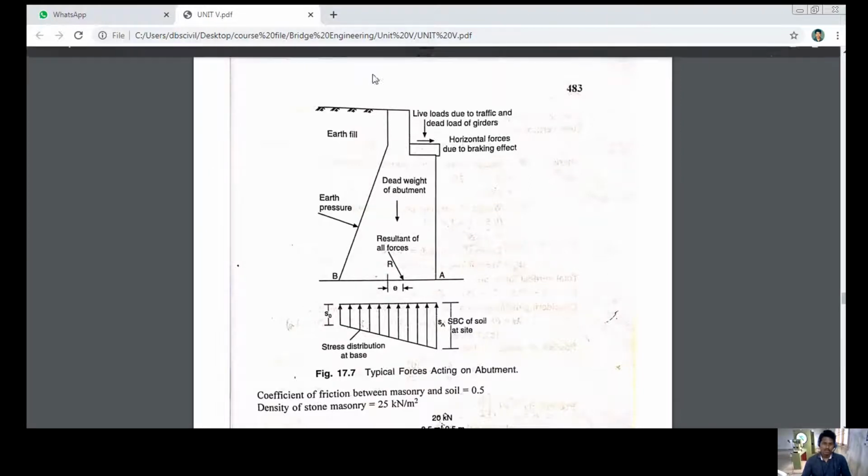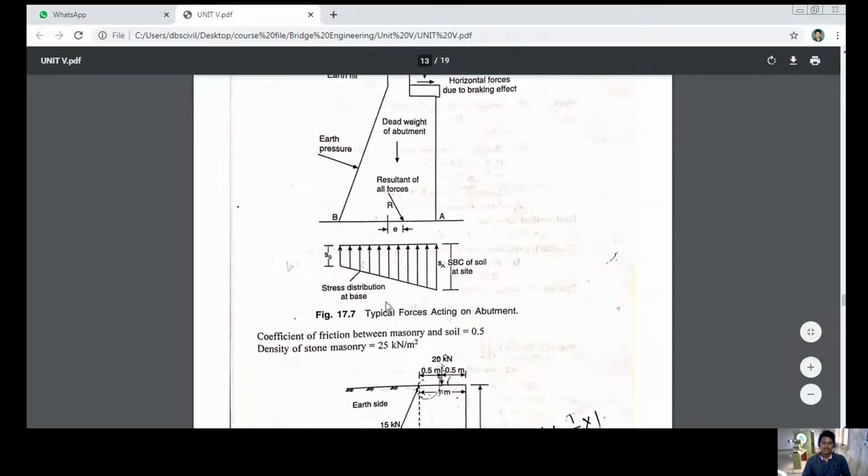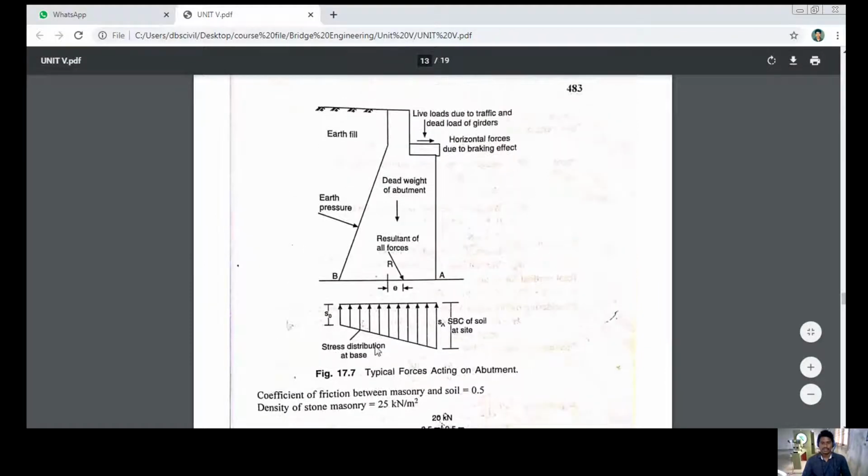All these forces go to the ground surface, to the foundation, and this is the earth pressure that comes from the backfill, which directly opposes the forces on the abutment. These all go to the ground surface, and this is how the bending moment at the ground surface looks. This is the safe bearing capacity of the soil. Here it may be less, while going further it increases, the safe bearing capacity of the soil at the site. These are the typical forces acting on the abutment.